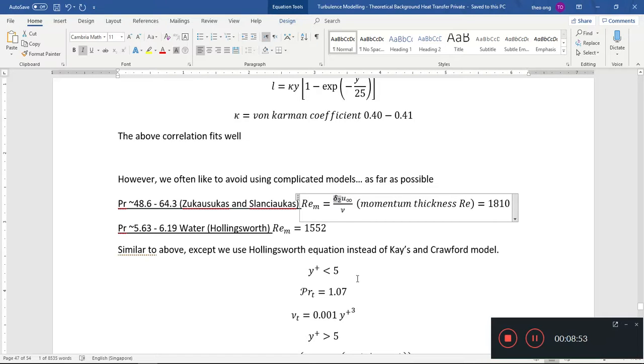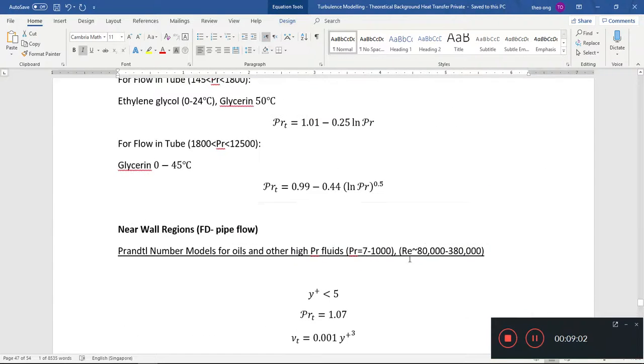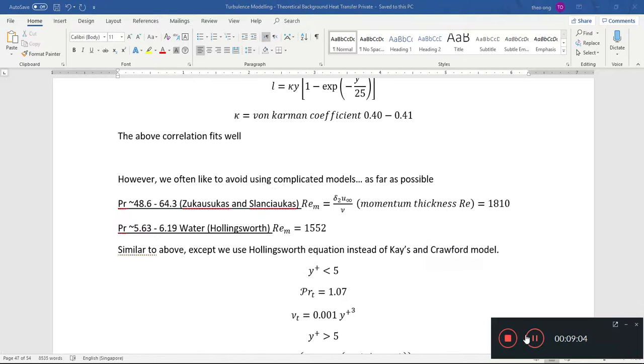Now the characteristic length here, I believe, is the momentum boundary layer thickness. So this is how they calculate the Reynolds number. That's why this is so different from here. I don't think they are natural convection experiments, if I'm not wrong.